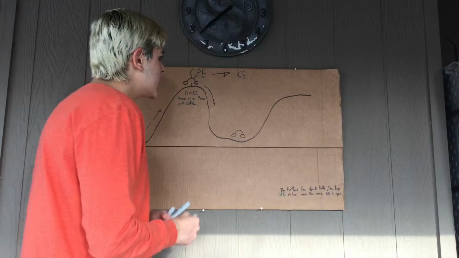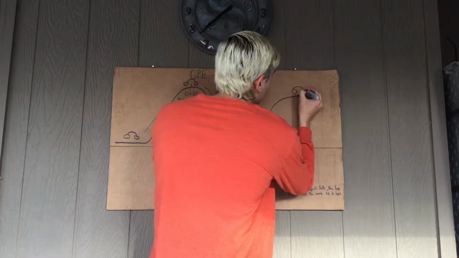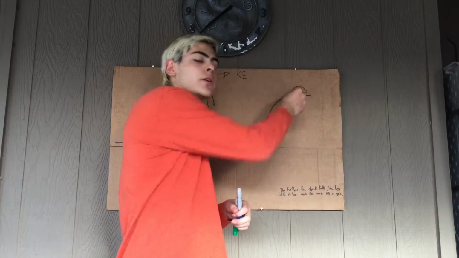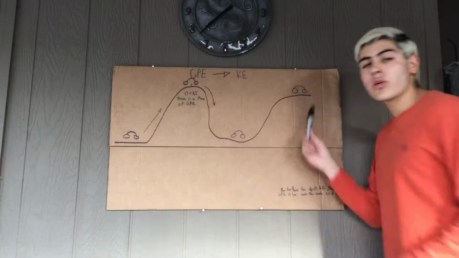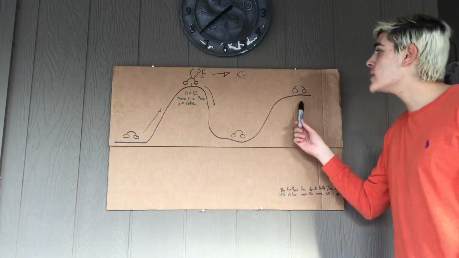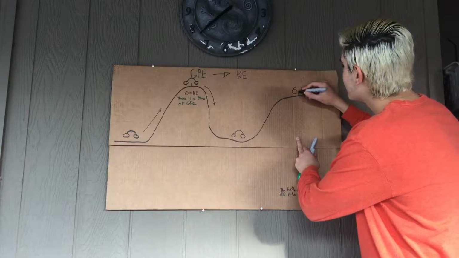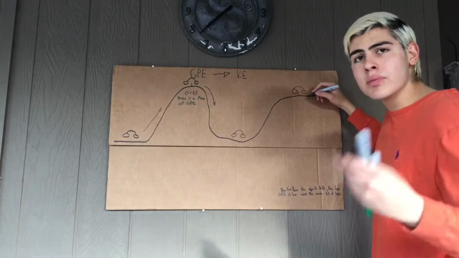Now, let's say when the cart's at this point, for example, yes, there is potential energy, but it is more than just potential energy, it is gravitational potential energy. This is because there's potential energy at this point, but there's gravity being involved.